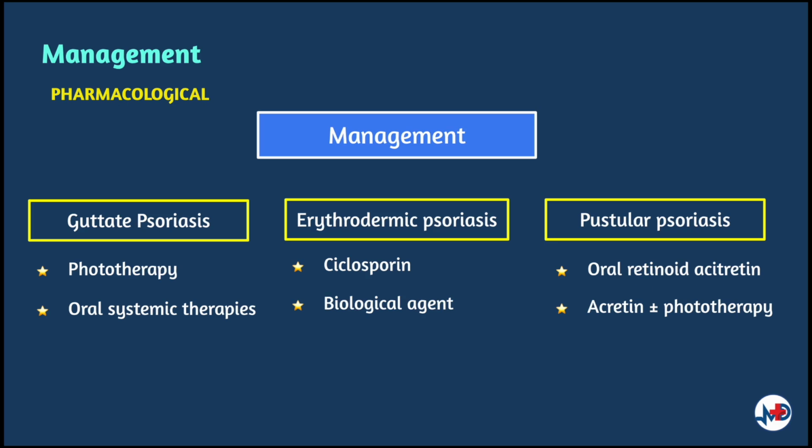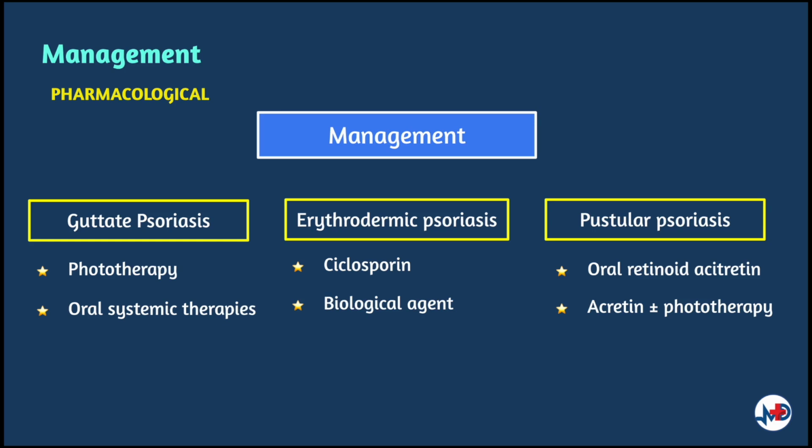For erythrodermic psoriasis, rapid and aggressive control is crucial. The initial treatment with cyclosporin for around 3 weeks is needed to manage the flare. Patients who are more stable can be started with a biological agent, and it is necessary to provide electrolyte monitoring and supportive care to all patients with erythrodermic psoriasis.